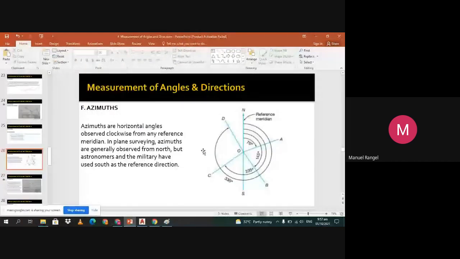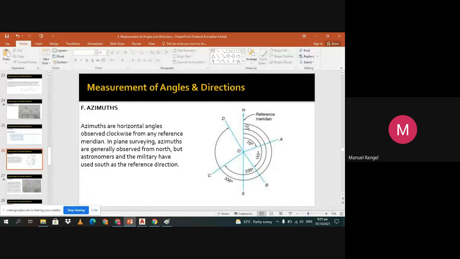Next, azimuths. Azimuths are horizontal angles observed clockwise from any reference meridian. In plane surveying, azimuths are generally observed from north, but astronomers and the military have used south as the reference direction. So azimuth is always observed from north.